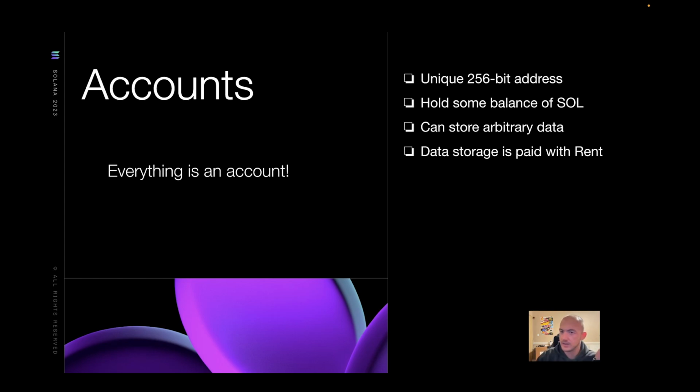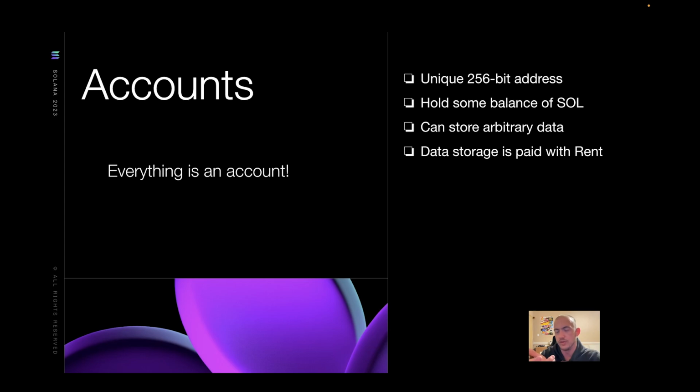So some rules about accounts. Each account has a unique address. Each account holds some balance of SOL. And accounts can store arbitrary data. And based on how much data you actually store in that account, you have to pay what's called rent. Now, rent, as a quick overview, just means that you want to occupy some space on validator hardware for whatever you're storing.